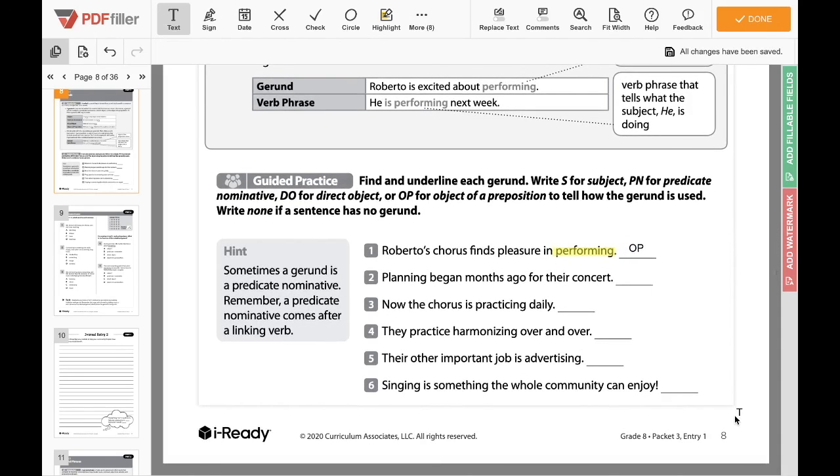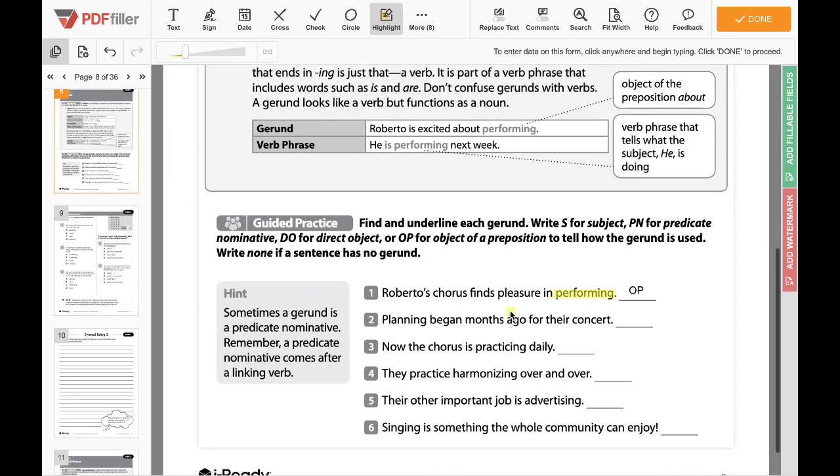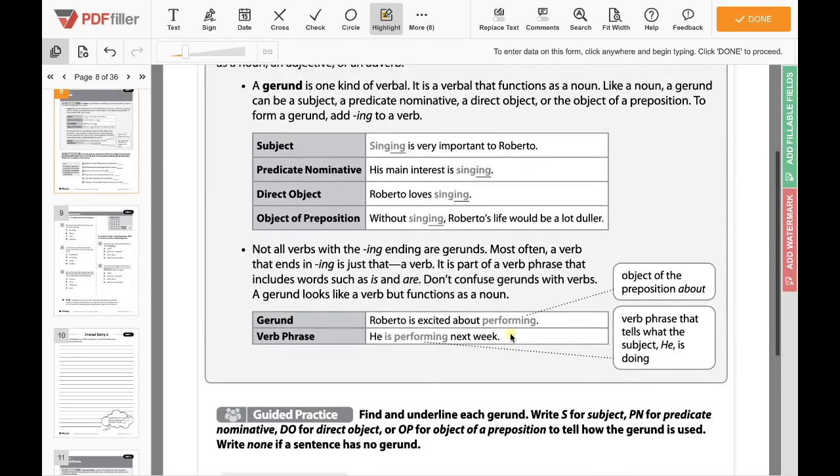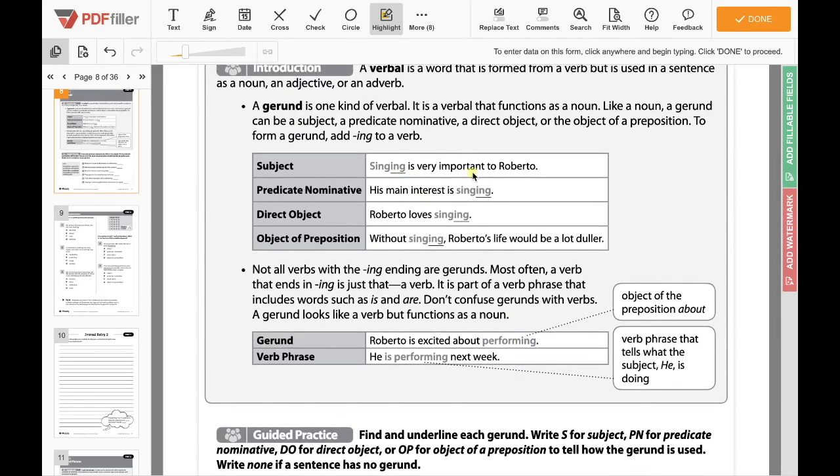So number 2 says planning began months ago for their concert. So obviously our word here, if it is a gerund, is going to be planning. So is it saying that they are planning something, or is it talking about planning as if it's an idea that they're completing? Well, if we look up here, singing is very important to Roberto.